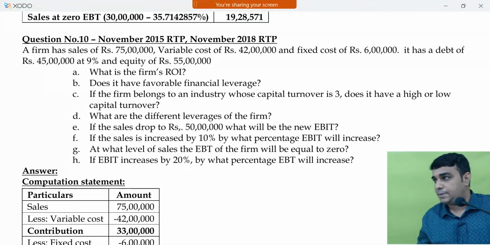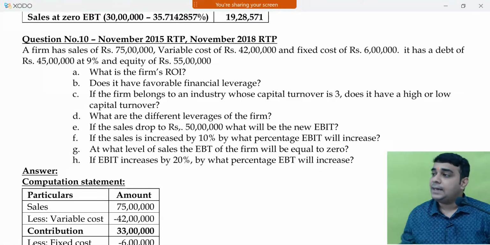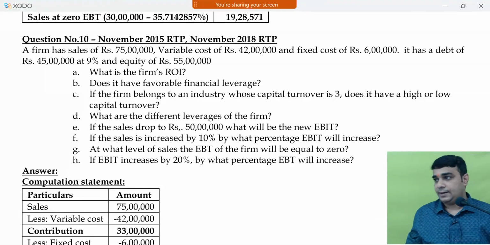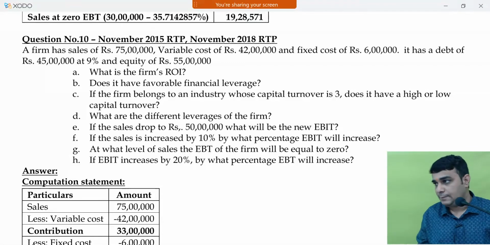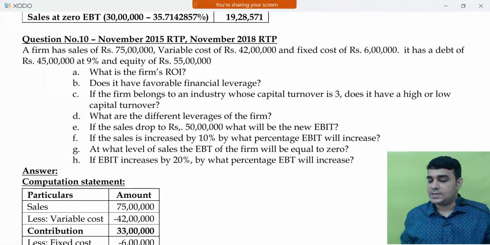Company is paying 9% interest, but on that capital it's earning 27% because capital also includes the debt. So you are earning 27%, whereas you are paying only 9%. That is a favorable financial leverage. Sometimes you may be earning only 5%, but you have to pay interest of 9%. That's an unfavorable financial leverage. So, does it have a favorable financial leverage? Yes, it does.